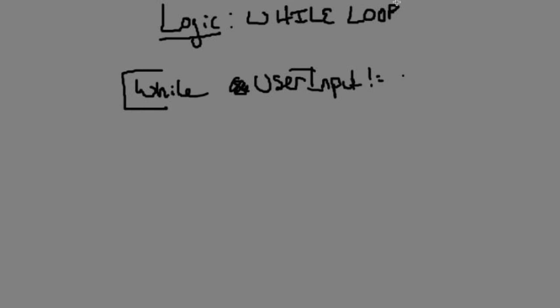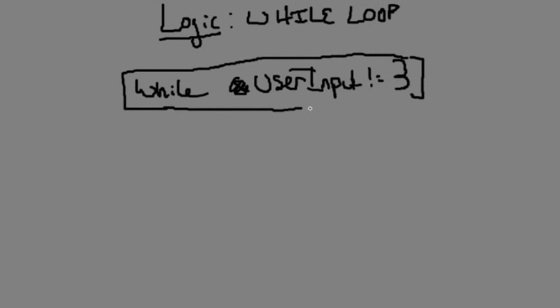Or instead of using quit, I want to keep it with numbers to keep things simple for you guys. So let's use 3. While user input does not equal 3. Let's make this a square. I apologize in advance.